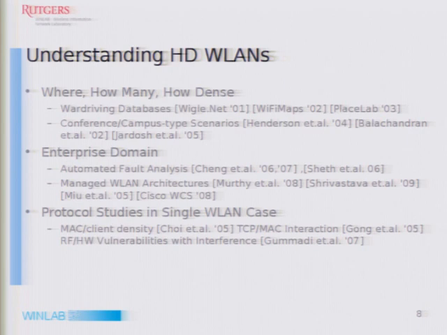So there's a group that gives you insight on that. And there's a body of work in the enterprise domain, where they, for example, look at data collected from sensors distributed all over your enterprise, and analyze that to see if there's something going wrong in terms of the operation of your wireless LAN.